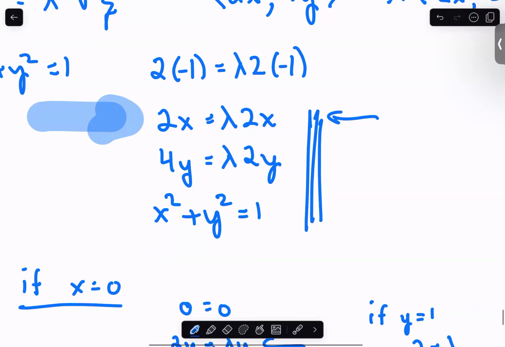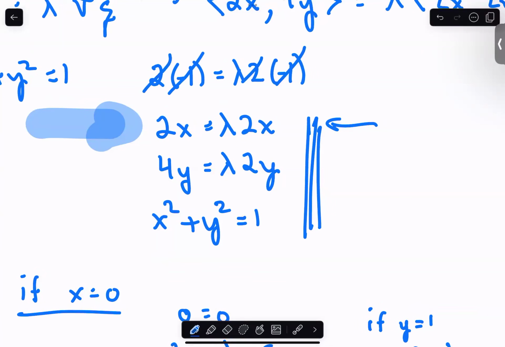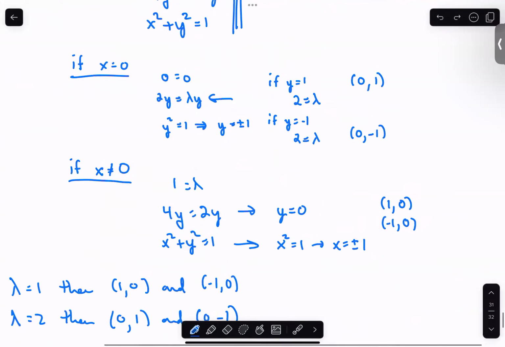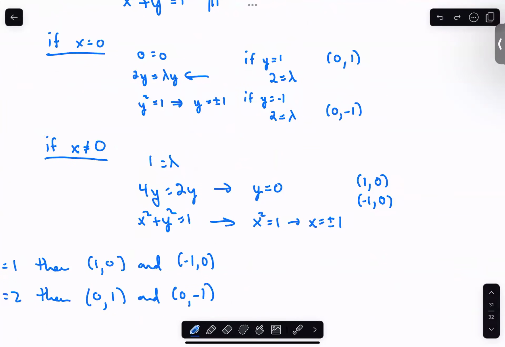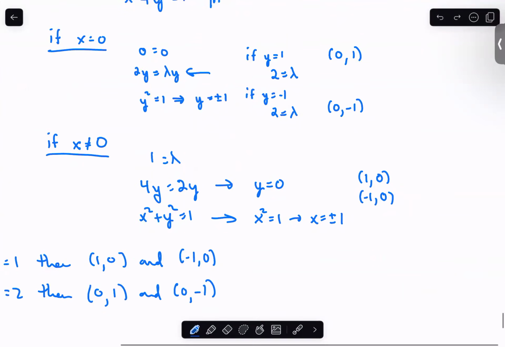Then the -1s would cancel, and the 2s would cancel, and lambda would still be equal to 1. So the fact that there's x's on both sides makes this true. But it's never a bad thing to go back and double check in the original equations. Sometimes this can help you catch a small mistake.